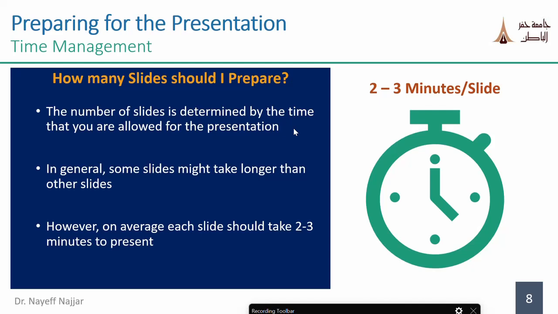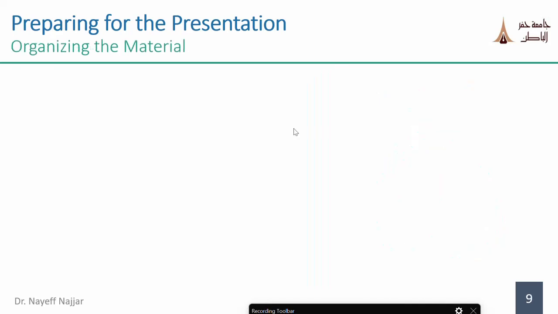Do it once, twice. The more you do it, the more confident you will be during your presentation, and the better time management you will have. Make sure to time your presentation when you do the dry runs.